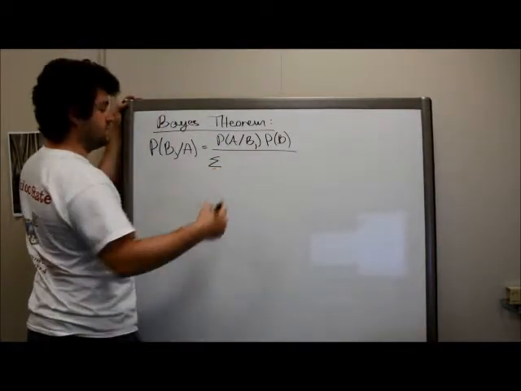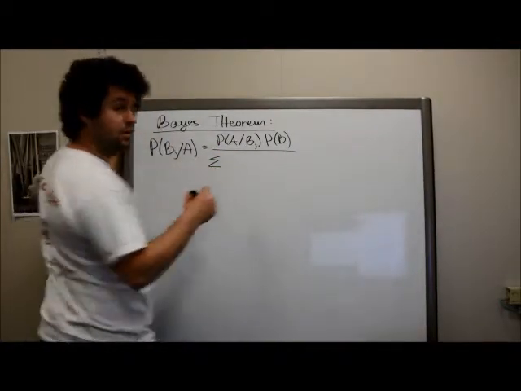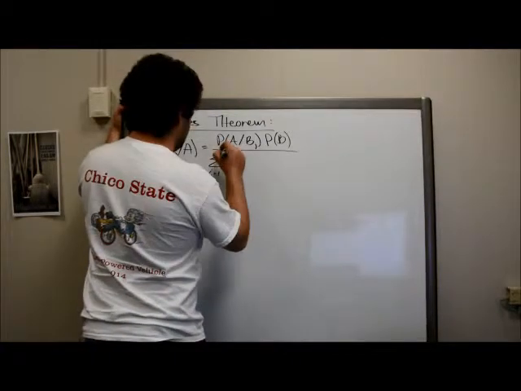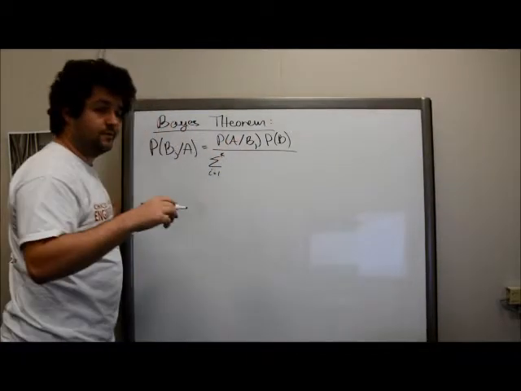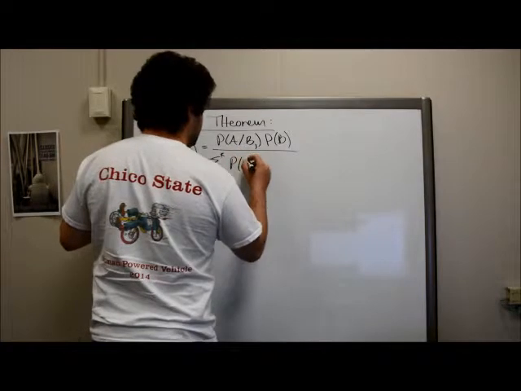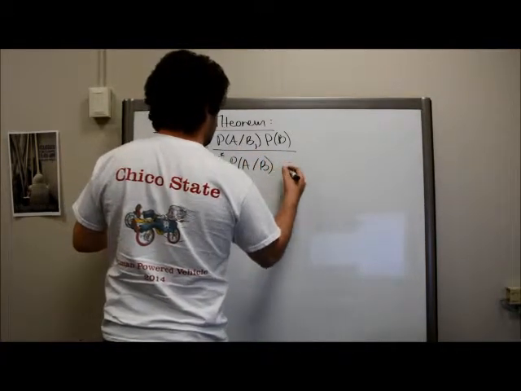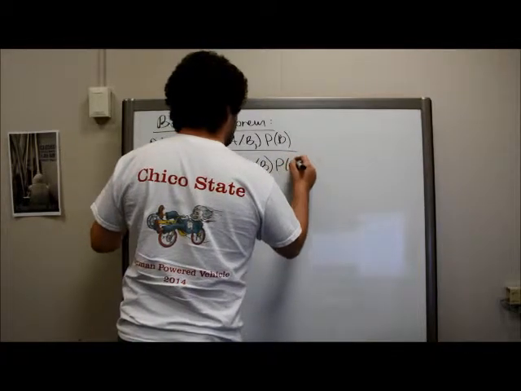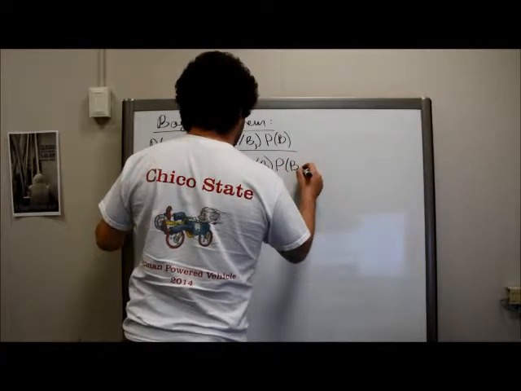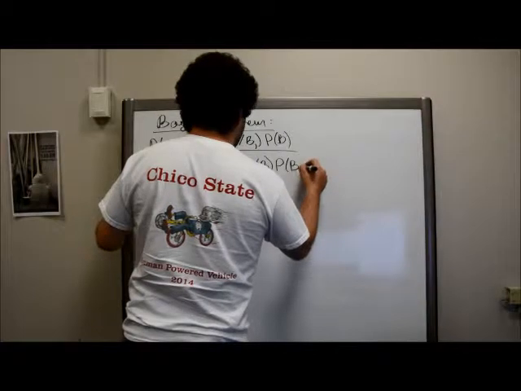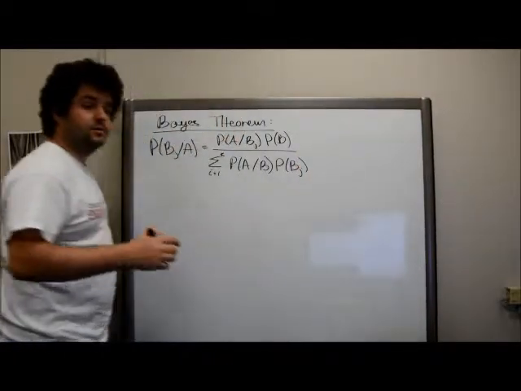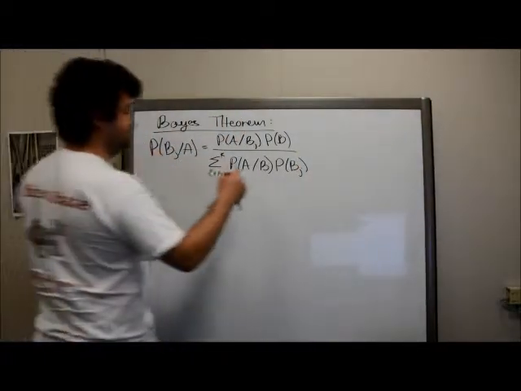And now you can see this is going to come from the total probability rule. So P of A given B sub I.